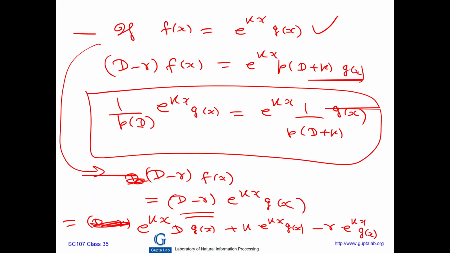Do you agree? So I am saying that this whole expression you multiply with the D minus r times e raised to power kx g of x, which is here, right? And then I am operating D on this product. So that is this, right? So now I can simplify this.